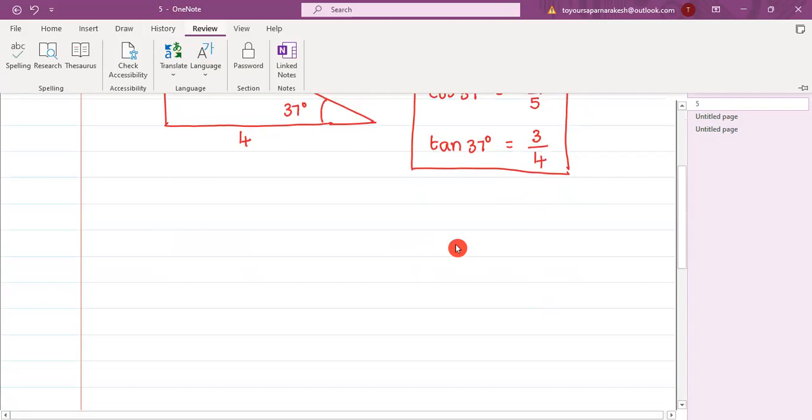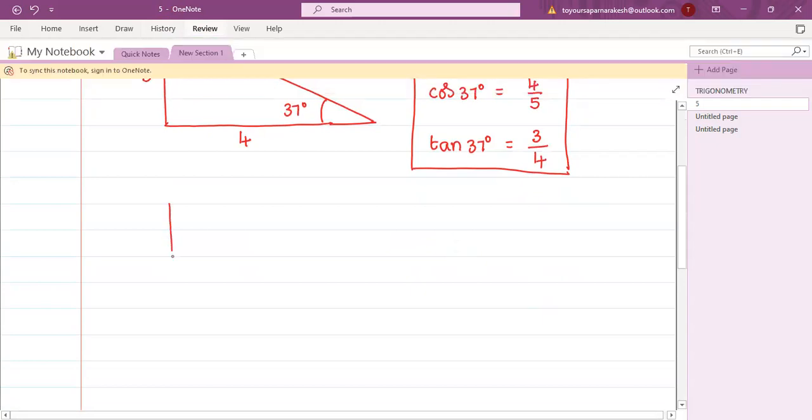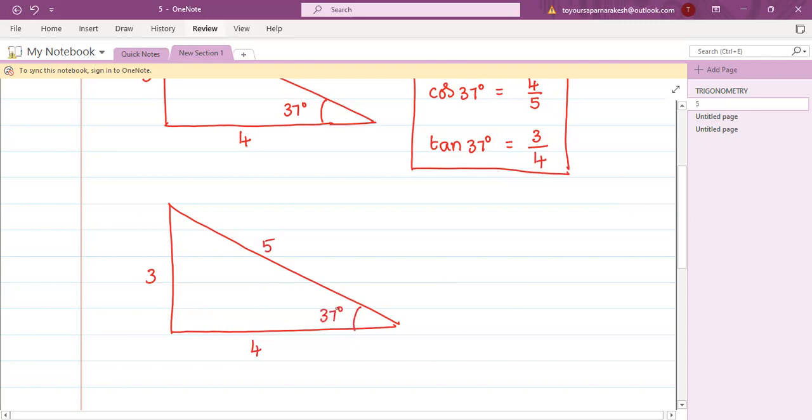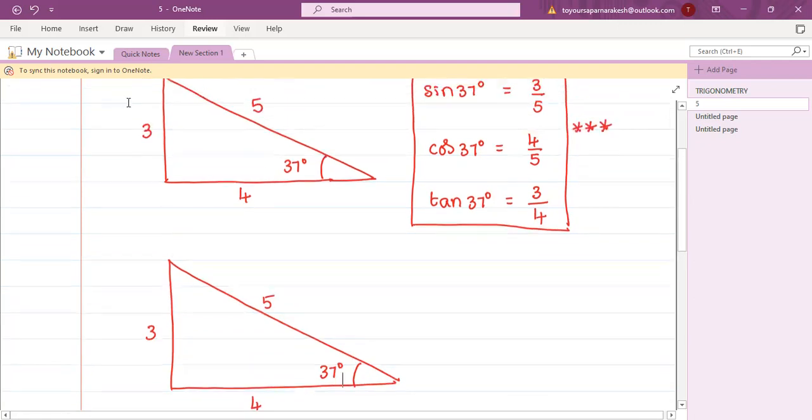Then after, we are taking a 3, 4, 5 right angle triangle, and this angle theta is equal to 37 degrees according to the previous figure.